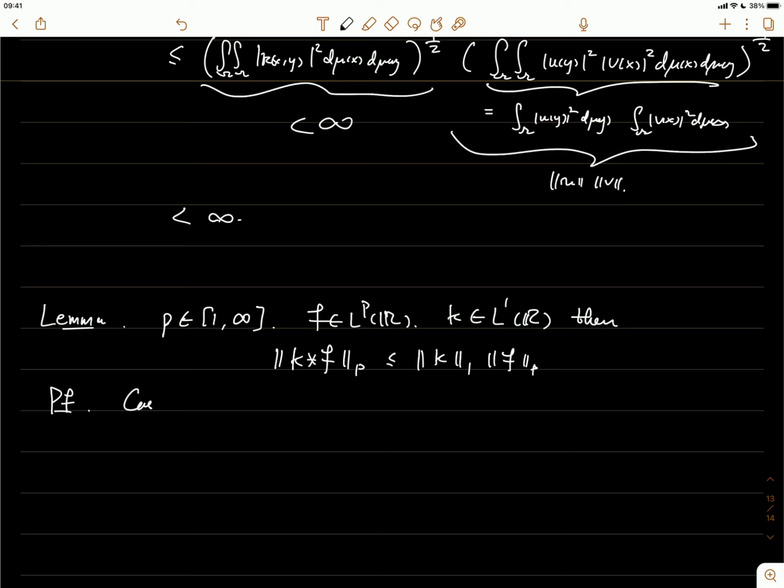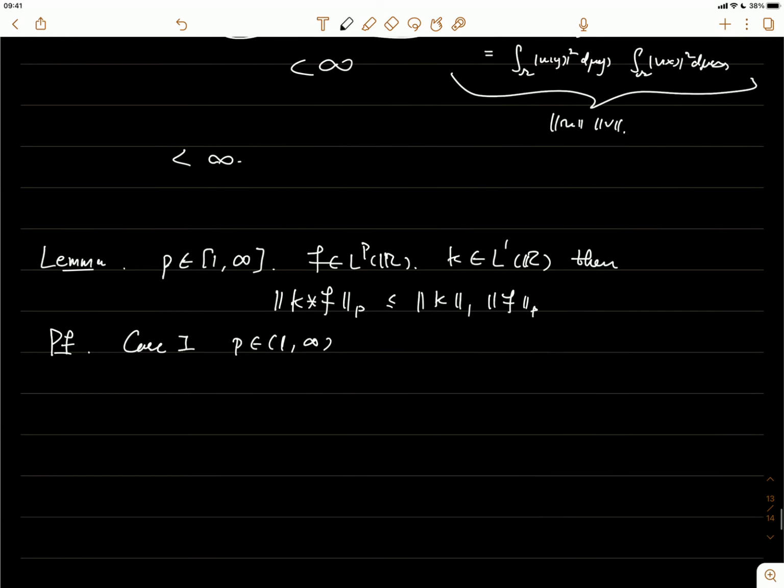Case 1 is that p is strictly greater than 1, but not infinite. So in this case, let's first look at this quantity here. This is the integral of k(x minus y) f(y) dy. So you know this is just k star f applied to x.